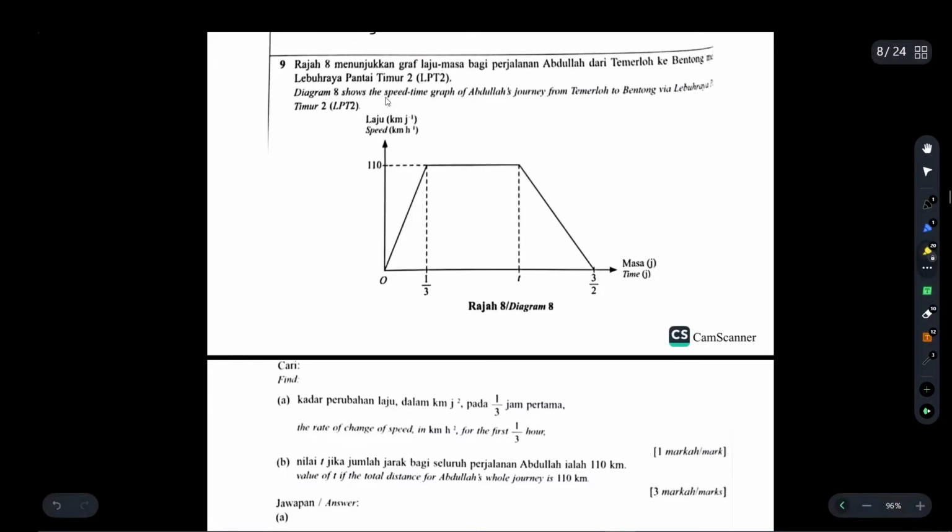We can see that this is a speed time graph. When it says speed time graph, it means that the gradient is the acceleration or deceleration. And the area under the graph, I'm not going to write down fully because I'm going to save some time, means the distance traveled.